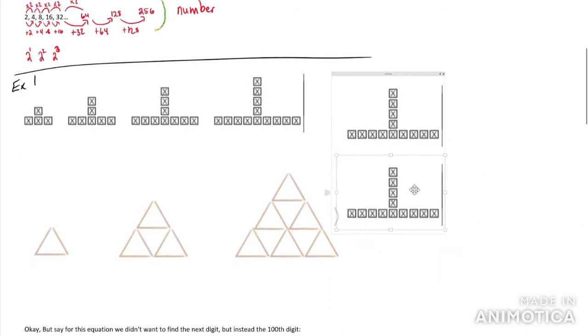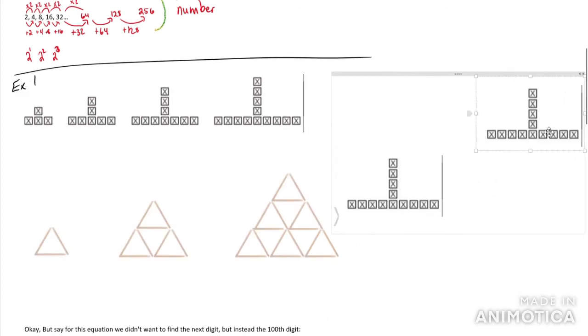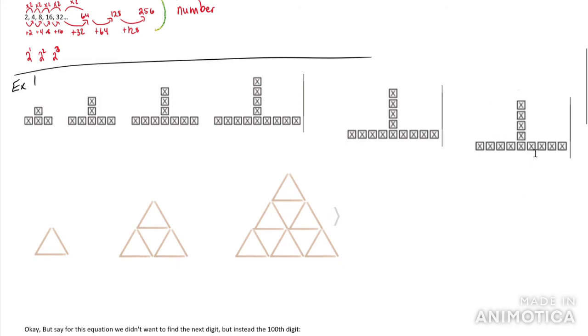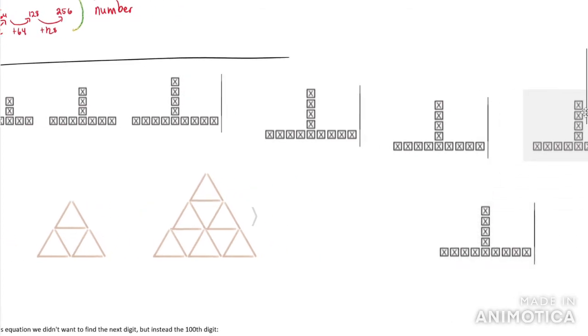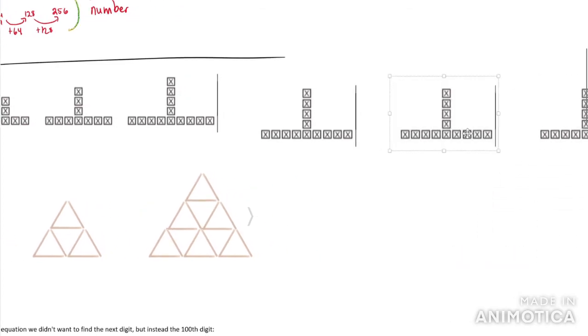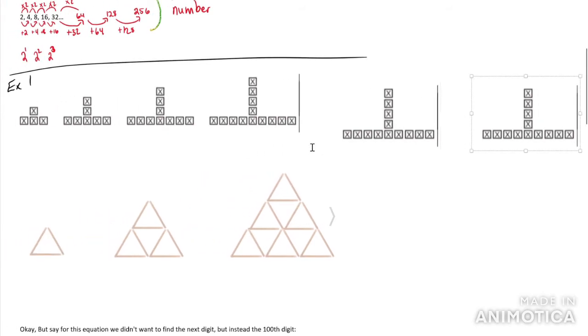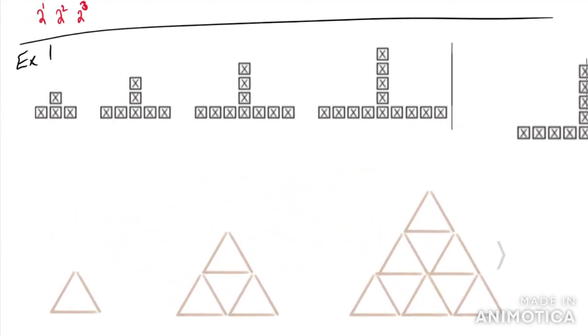Whoops. Sorry about this. 2, and then 3. So I'm going to spread them out a bit so I can think about what the next one's going to be. But before that, let's take a look at just these 4.